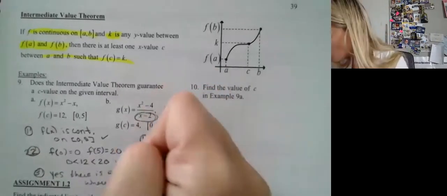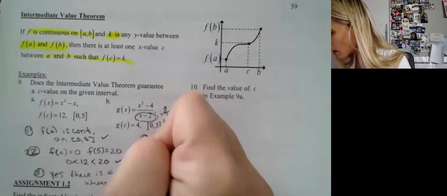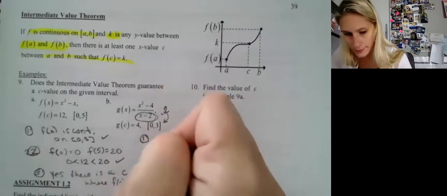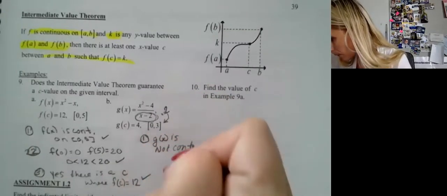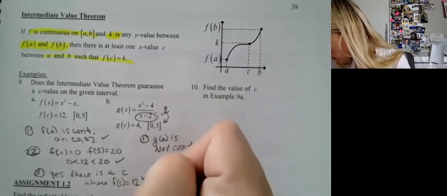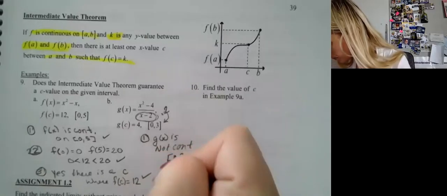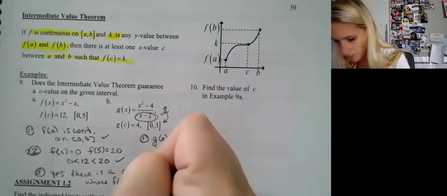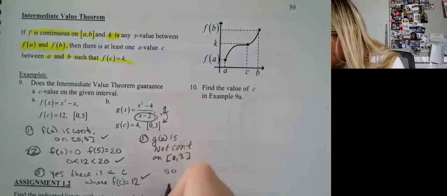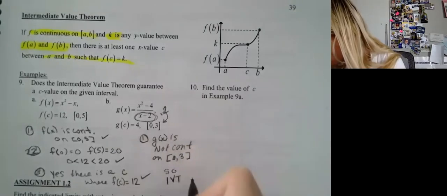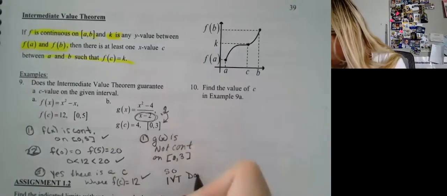Yes, it is. So we will state G of X is not continuous from 0 to 3. So the intermediate value theorem does not apply.